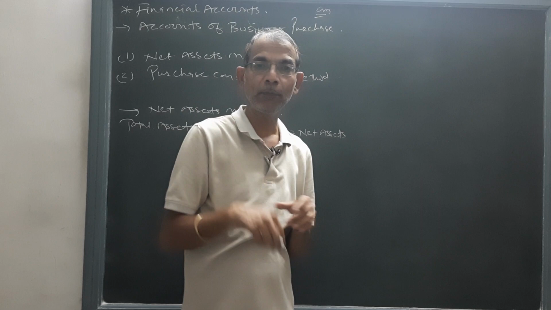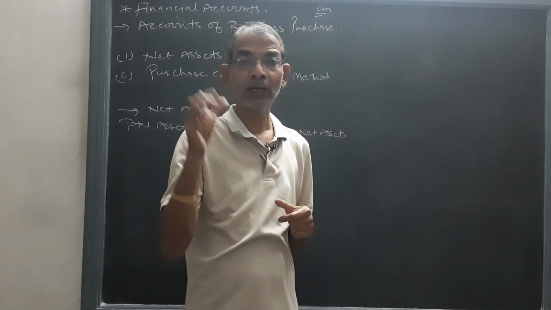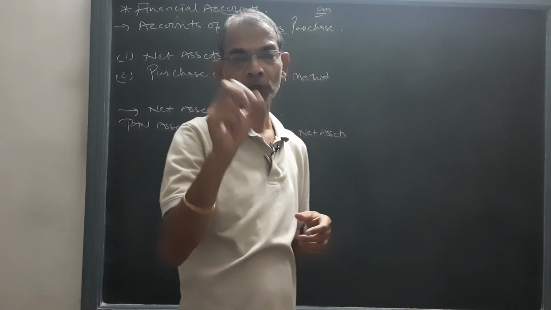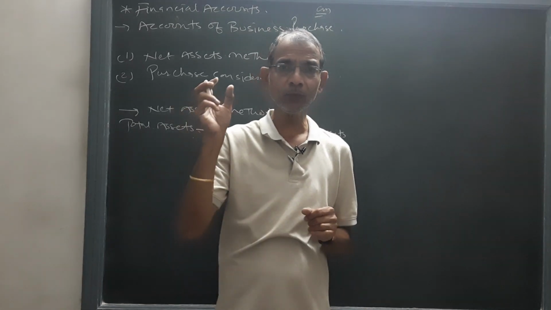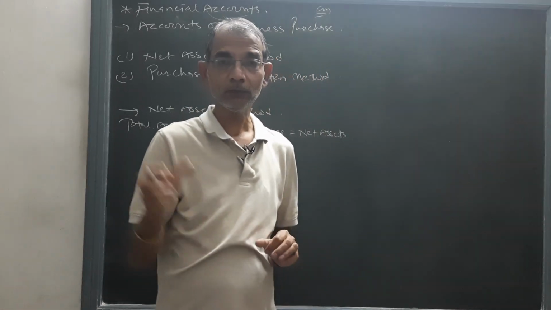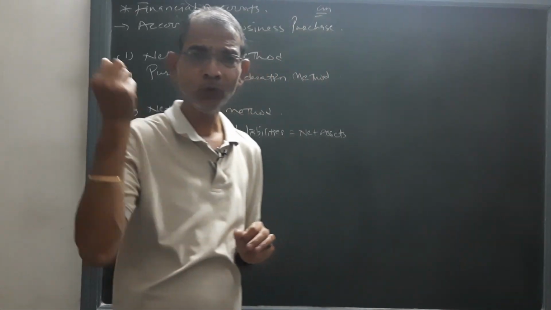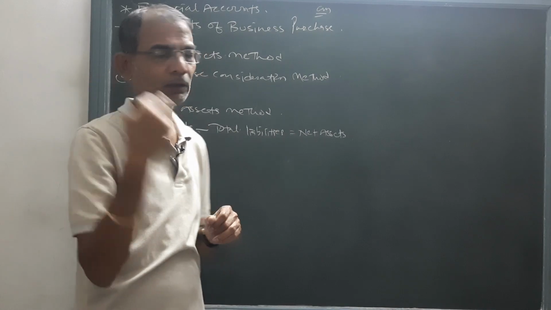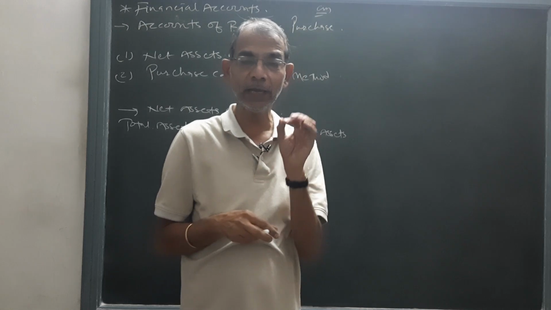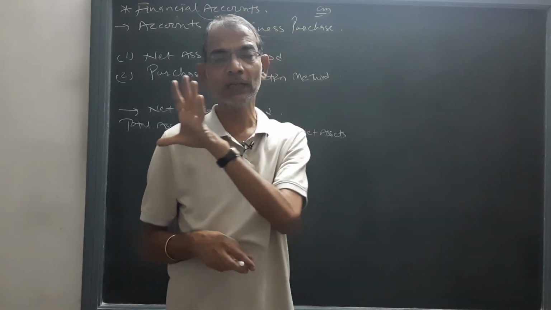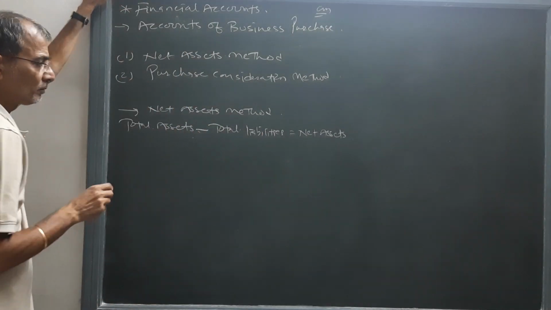From that, total liabilities will be subtracted. In that case also, there may be a condition that creditors will be paid 5% less, or bills payable will be paid 10% less, or other liabilities may not be taken by the company, so that liability will be paid by the firm. In a similar way, the company may not take some asset, so that asset will be sold by the firm on its own.